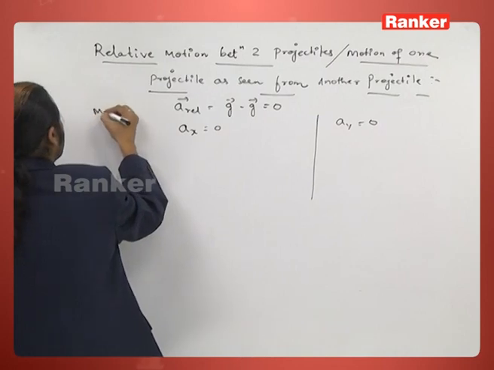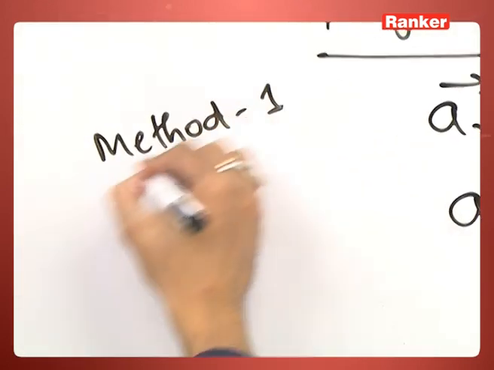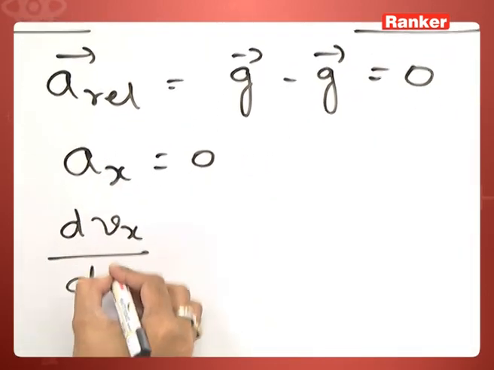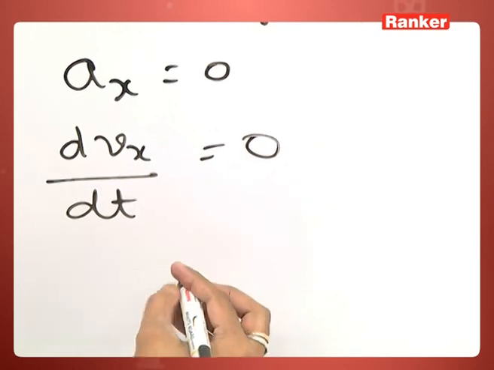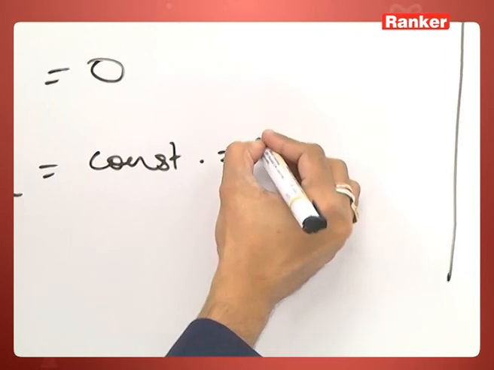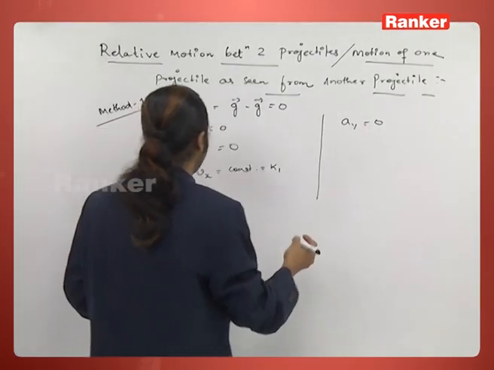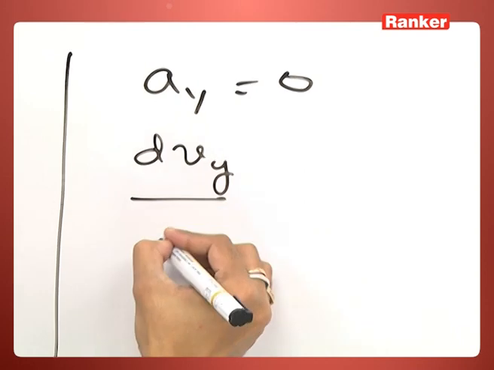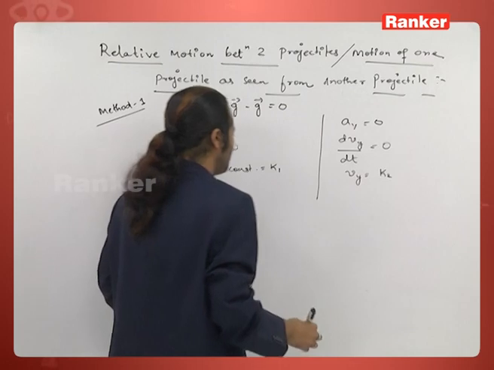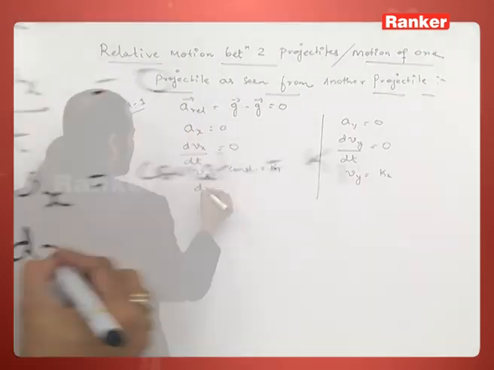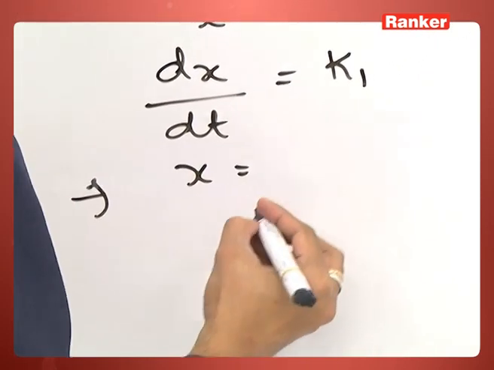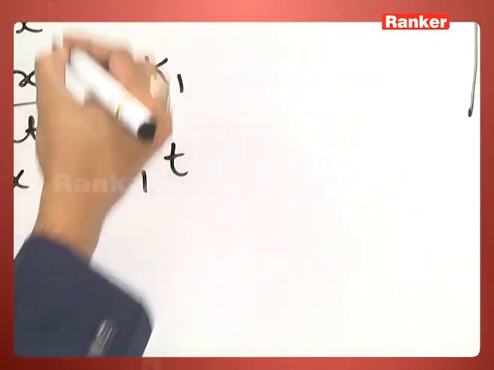Let us have method 1. So ax is 0 means dvx by dt is 0 or vx is equal to a constant. Let it be k1. Similarly, here also I can write dvy by dt is 0, vy is equal to a constant, let it be k2. So again I can write here dx by dt is equal to constant k1 or x is equal to k1 into t.